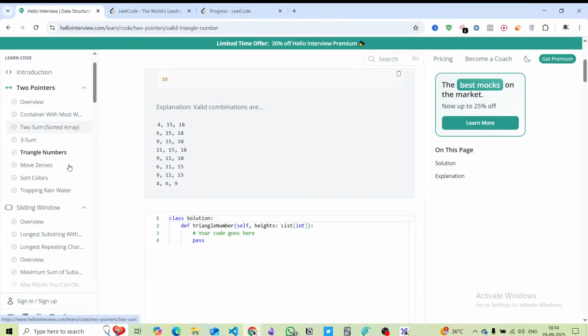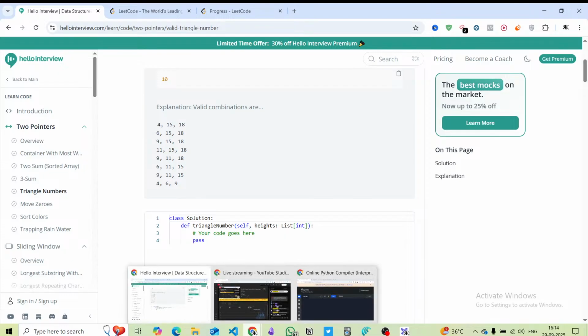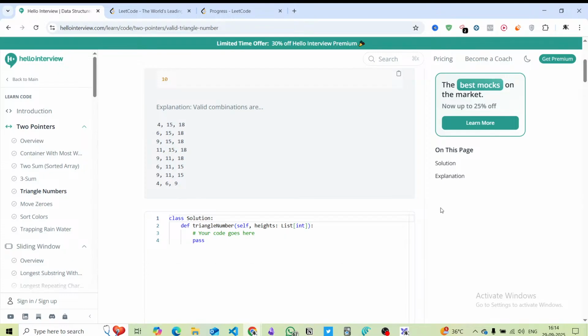The problem we have is that we vaguely approach the problem without knowing the intuition, the right technique, or the right algorithm. I think that's the problem we all have when we try to solve any DSA problem.